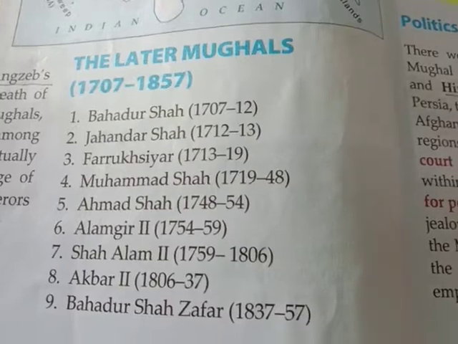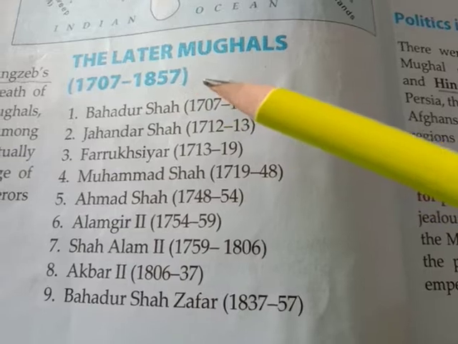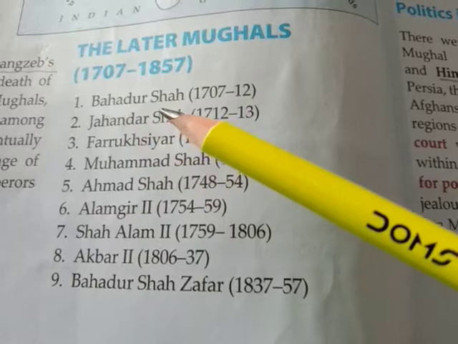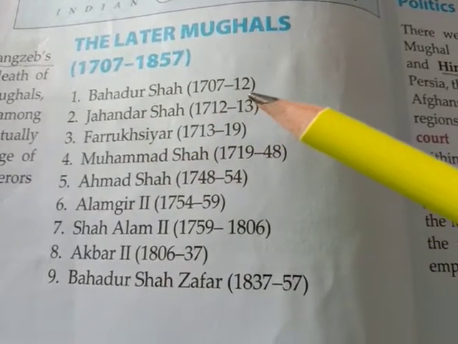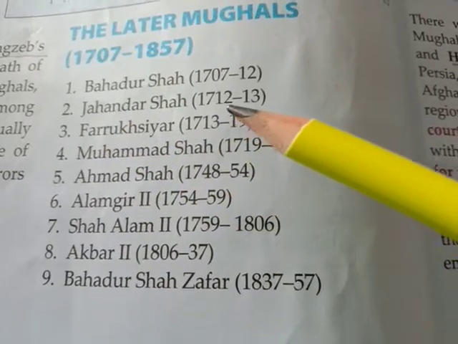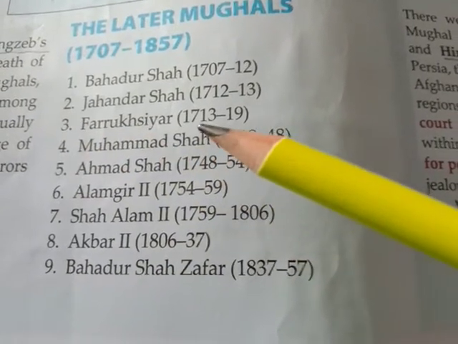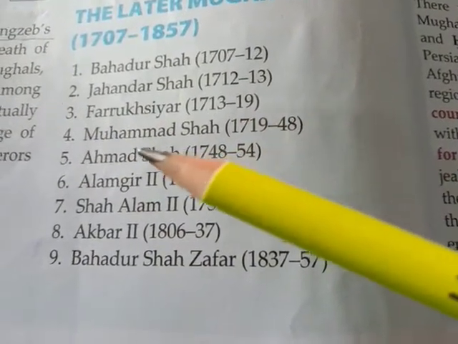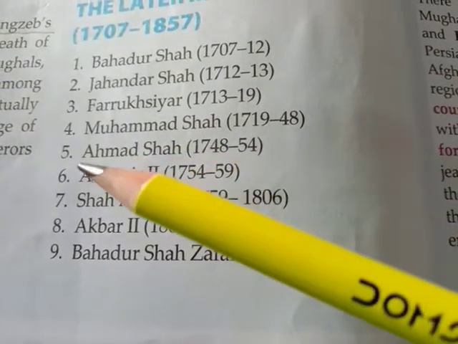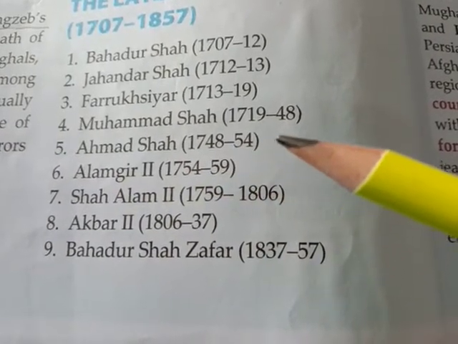We see the list of the later Mughals, 1707 to 1857. First, Bahadur Shah ruled 1707 to 1712. Second, Jahandar Shah, 1712 to 13, only one year. Then Farrukhsiyar, 1713 to 19. Then Muhammad Shah, 1719 to 48. Then fifth, Ahmad Shah, 1748 to 1754.